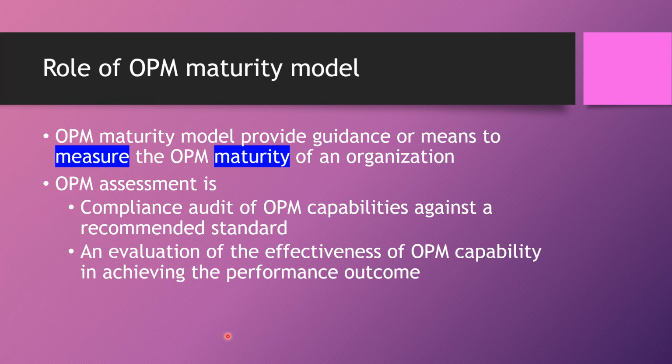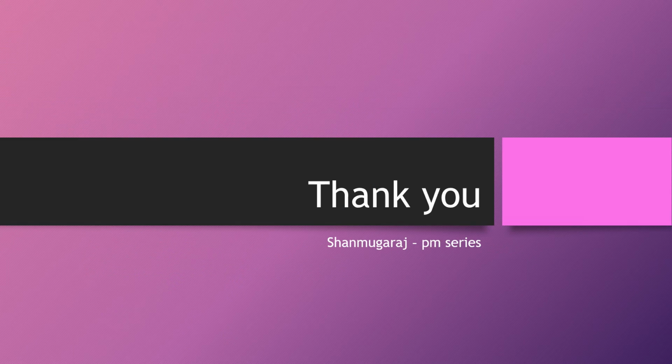I hope with that we have come to a conclusion of today's video. Hope you got a fair idea about how to go about defining the role of your OPM maturity model, what the OPM maturity model looks like, and what guidance it gives in terms of aligning with the organization policies, the OPM processes, the measurement system, and the governance systems.